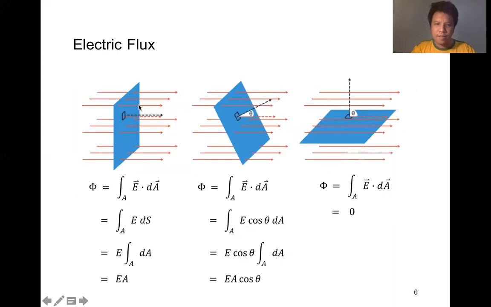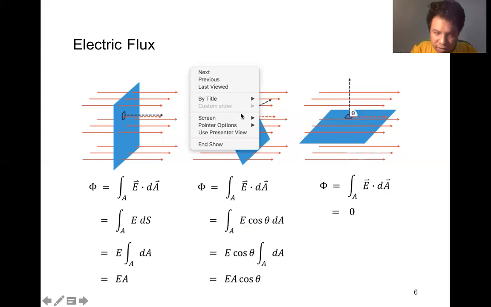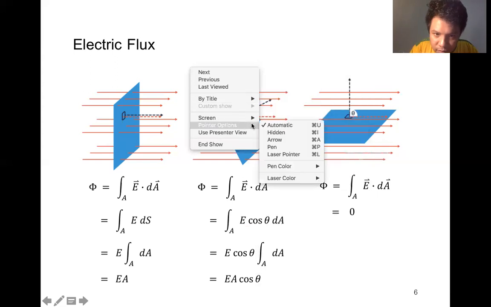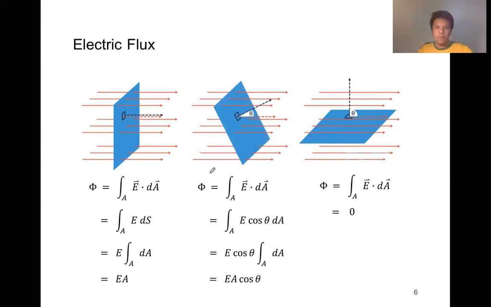Let's consider some cases of electric flux. Look at this case of a uniform electric field. If the vector E is perpendicular to the area, that is, E is parallel to A, where A is the vector perpendicular to the area, then the electric flux phi will simply be EA.